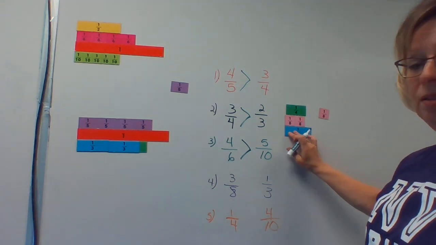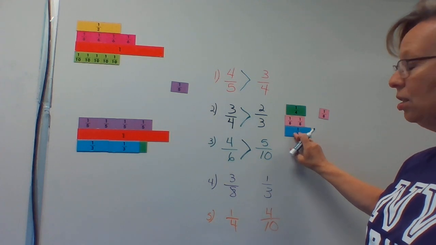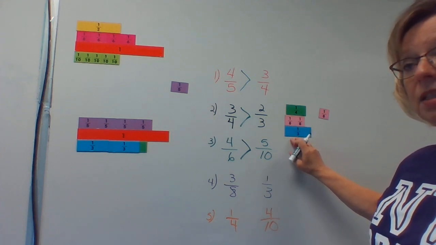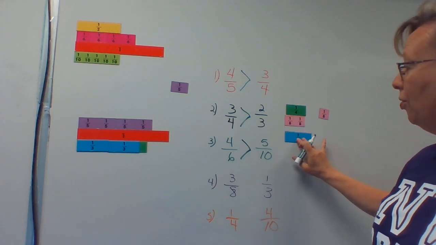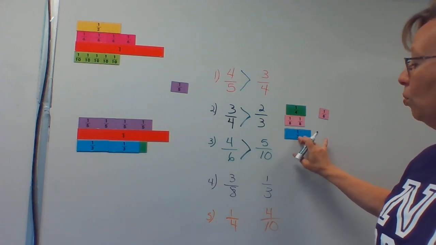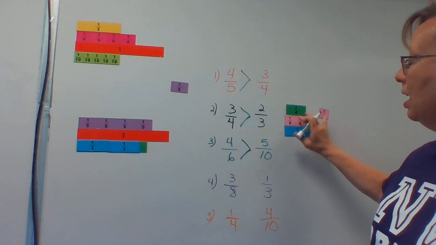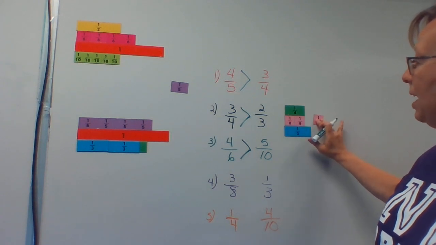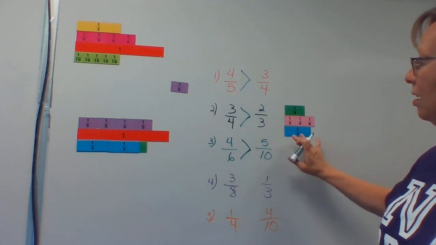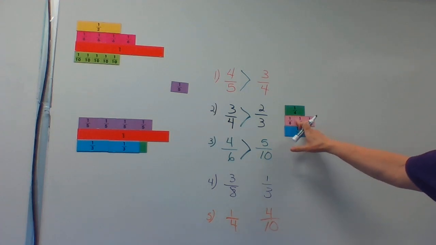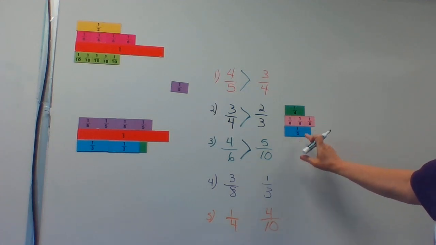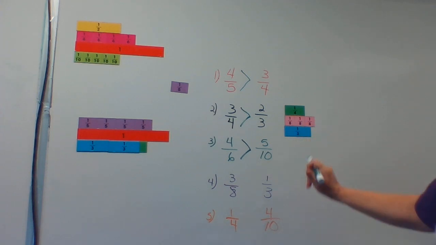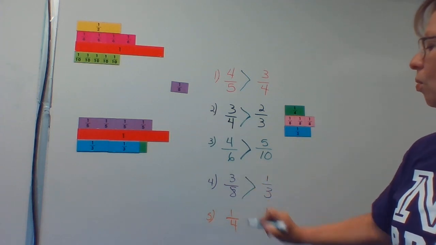Well, it takes 3 of these to make a whole. It takes 4 of these to make a whole. So 1/3 will be larger than 1/4. But now I'm going to add my other eighth on here. Oh. So by adding another eighth on here, 3/8 actually shows is larger than 1/3.